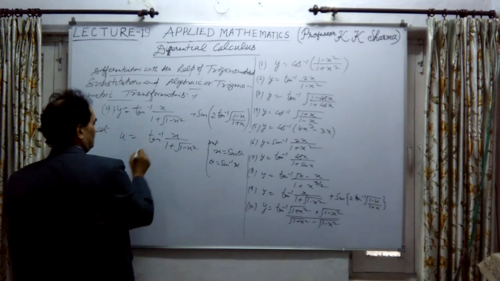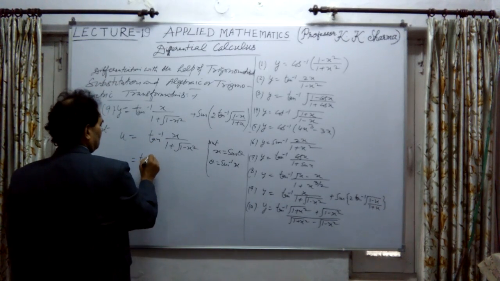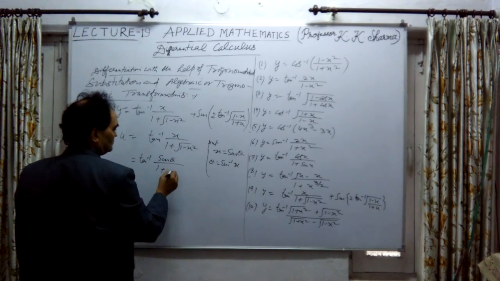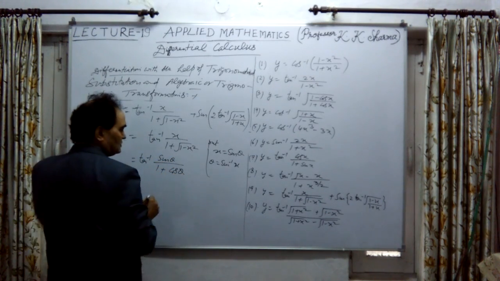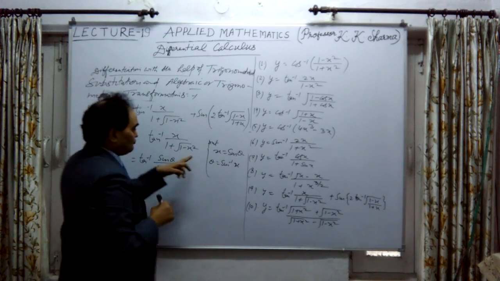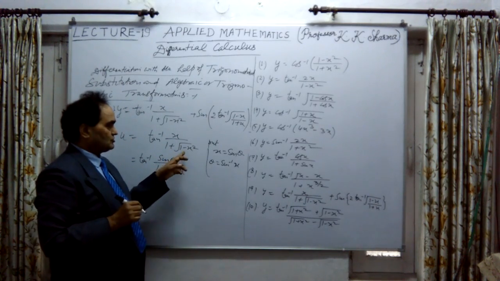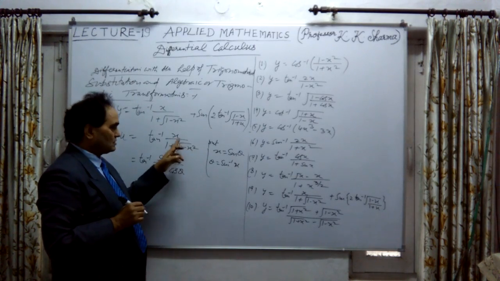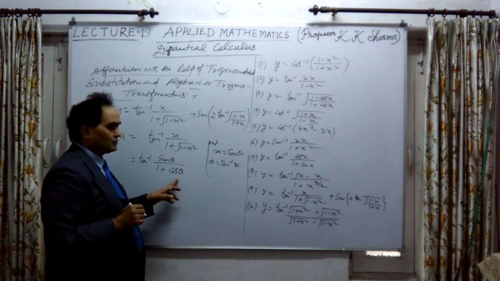Put in this, in this case we get tan inverse sin theta upon 1 plus cos theta. Now this will be 1 minus sin square theta under the square root, that will be cos square theta, and square root will cancel to cos theta only.